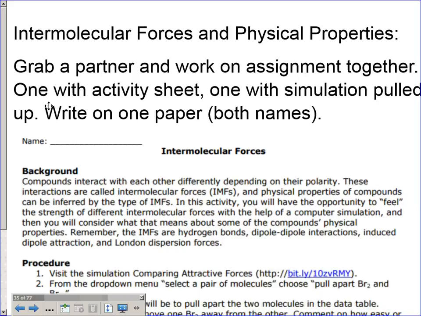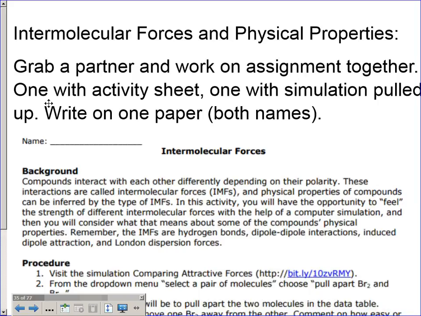Now, predict how difficult it will be to pull apart the molecules in the net. Again, I pulled it apart and it's easy to pull apart.